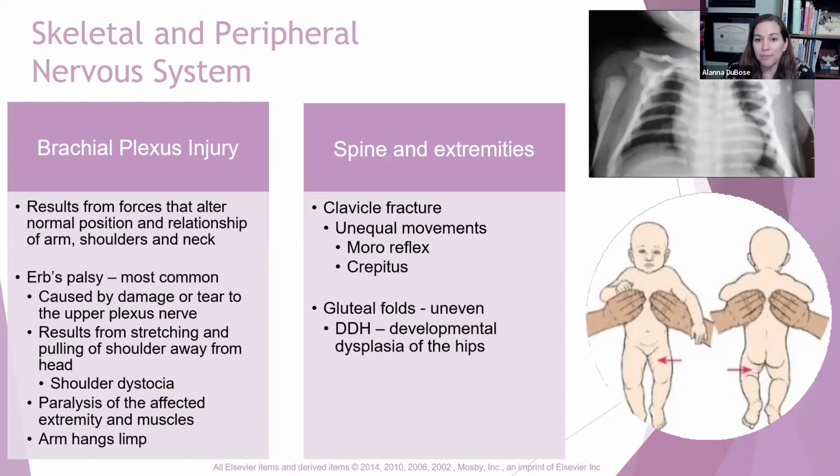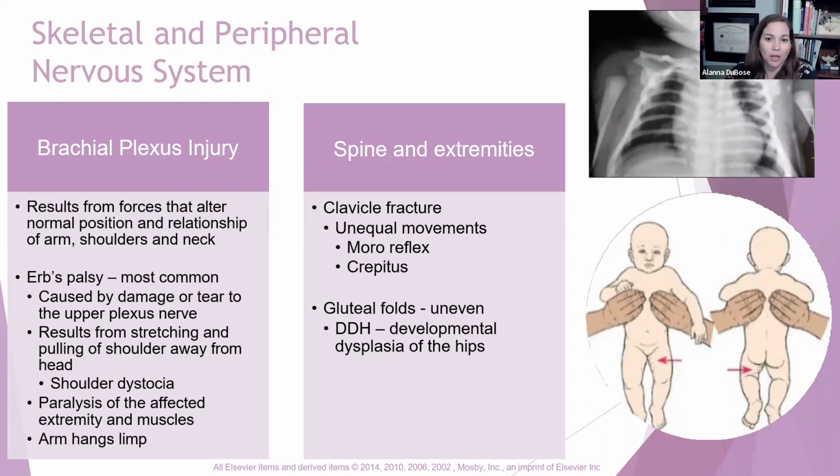That might be a nick in the skin, maybe in the scalp, from the provider breaking the water during the amniotomy. It could be a nick during a C-section, where the provider might have gone a little too deep and the baby got a little cut or something.